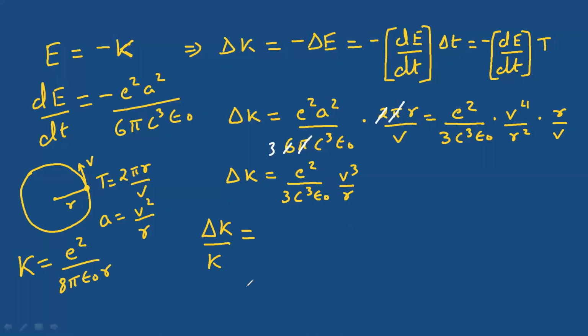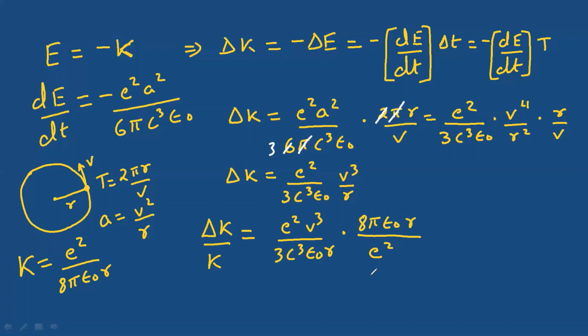So we'll just plug in that value as well. So this is going to be E squared v cube by 3 c cube epsilon naught r, divided by k. In the denominator it's going to be e squared, and the numerator it's going to be 8 pi epsilon naught r.